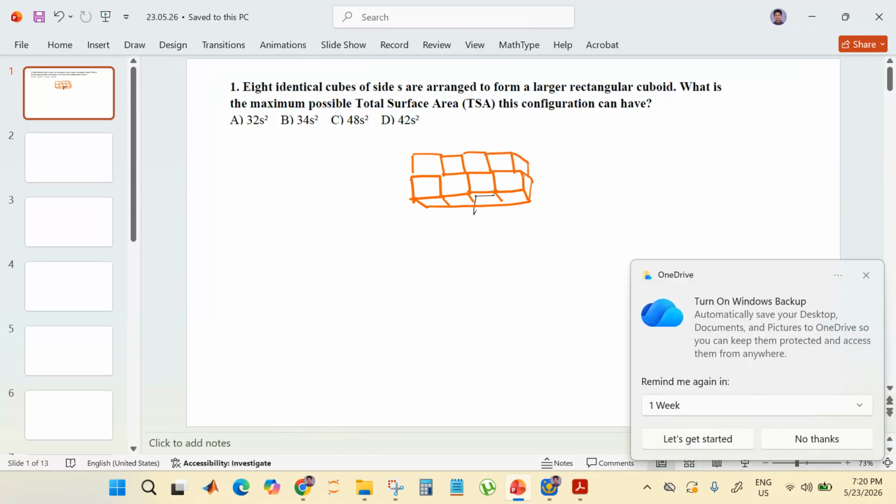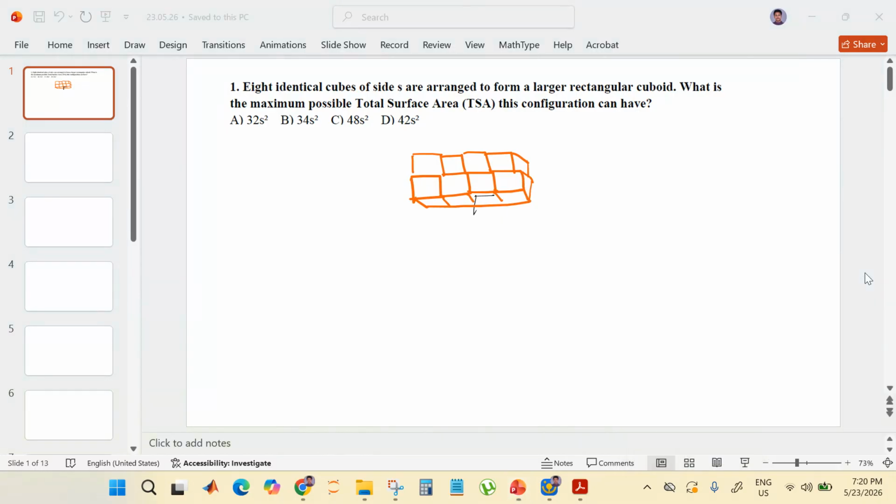So that can happen this way. So you have to find the maximum total surface area this configuration can have.